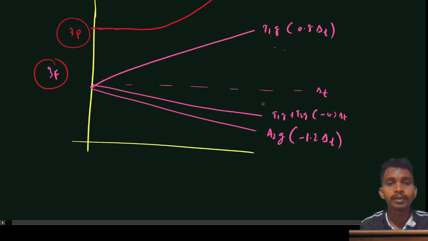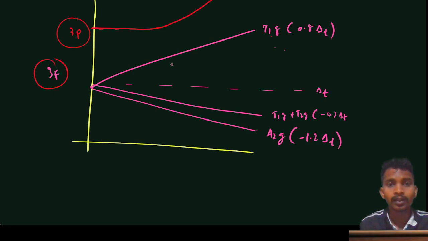So here we calculate the delta t values. The delta t values will be from this, 0.2.